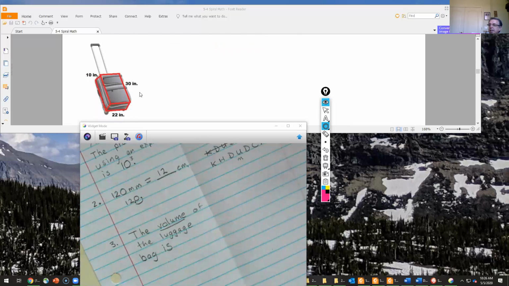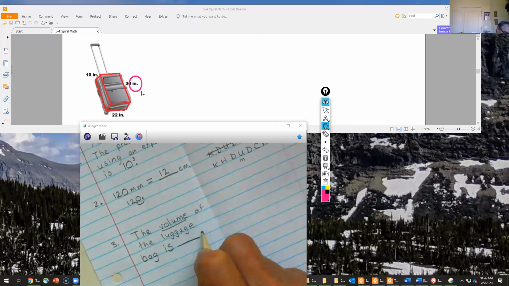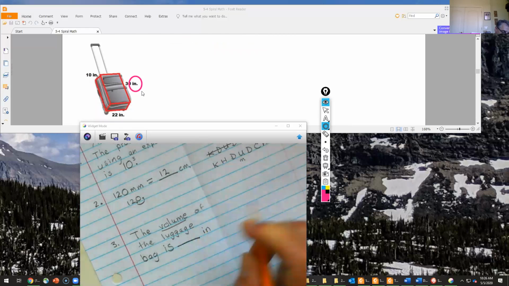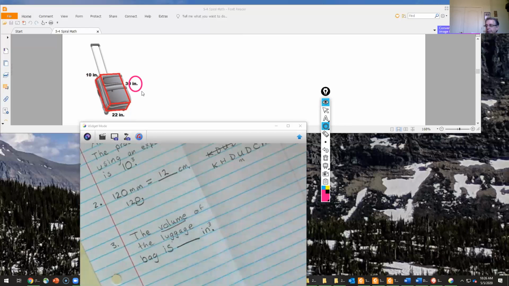I notice that it is in inches. And when I use volume, I'm going to use cubic inches. So I'm going to leave a space here for my cubic inches, and then I'm going to write inch with an abbreviation, and then a little 3, which stands for cubic inches, because that's what we use for volume.